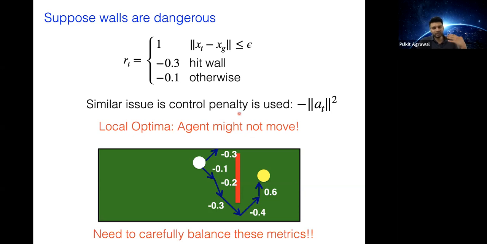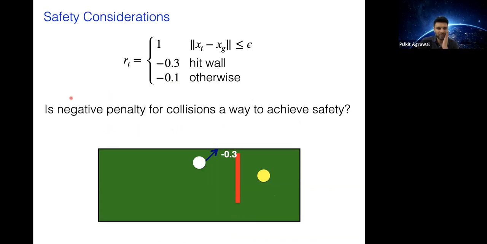So one needs to really carefully balance these different terms which end up coming in, and this is what people refer to as reward engineering. There's a significant amount of effort put into engineering these terms. The right setting of these terms will help you solve the problem.